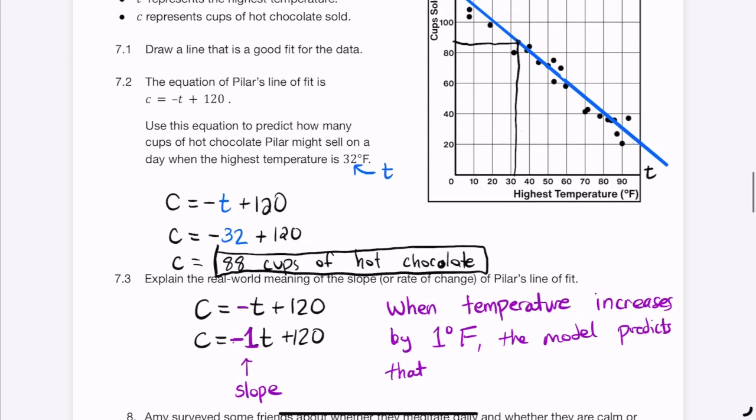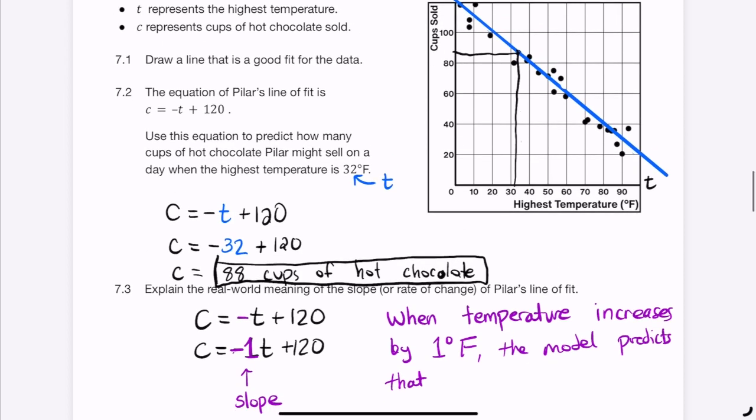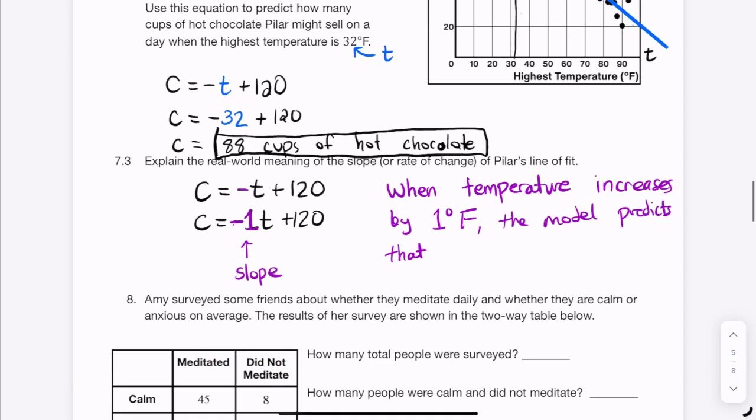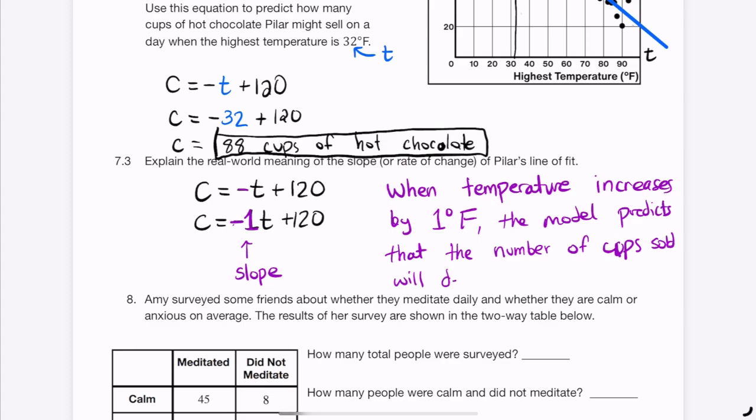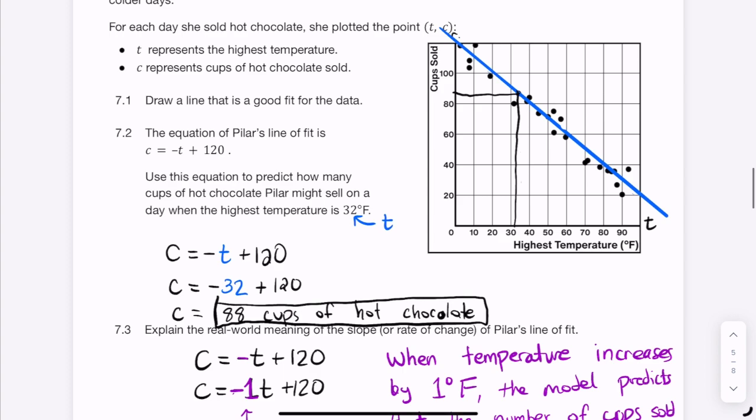In this case, technically, it's the C variable, which is the cups sold, predicts that the number of cups sold will, is it increase or decrease here? Our slope is negative, so it will decrease by 1. So as it gets 1 degree warmer, they'll sell 1 less cup of hot chocolate that day, right?